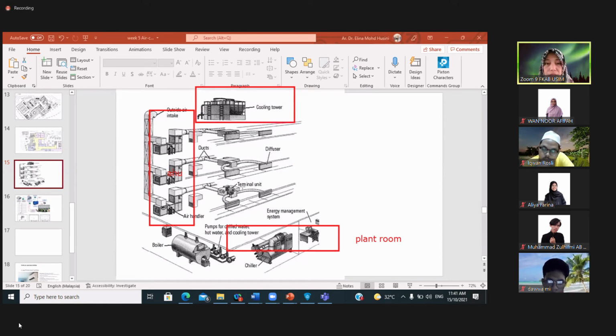And please understand apa dia duct, apa dia diffuser. Okay, sebab tu this is the duct, this is the diffuser. Of course, you need to understand how is the flow mechanically. So you need to read back what is the evaporation.